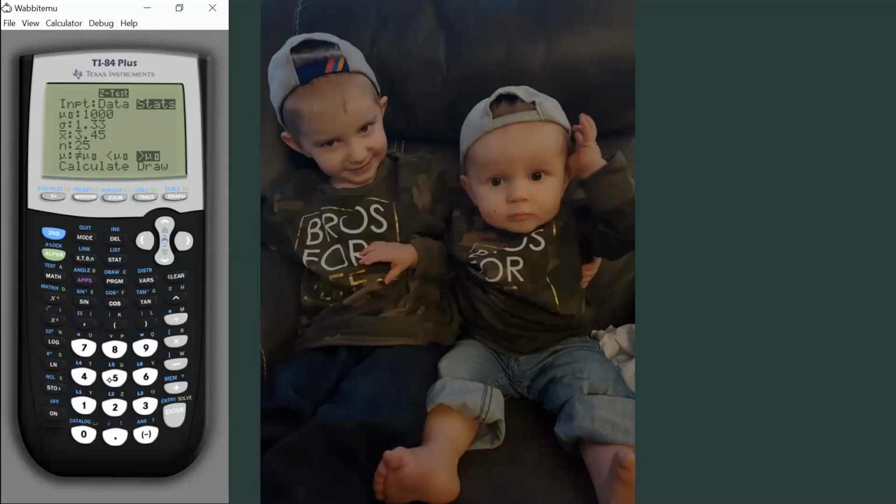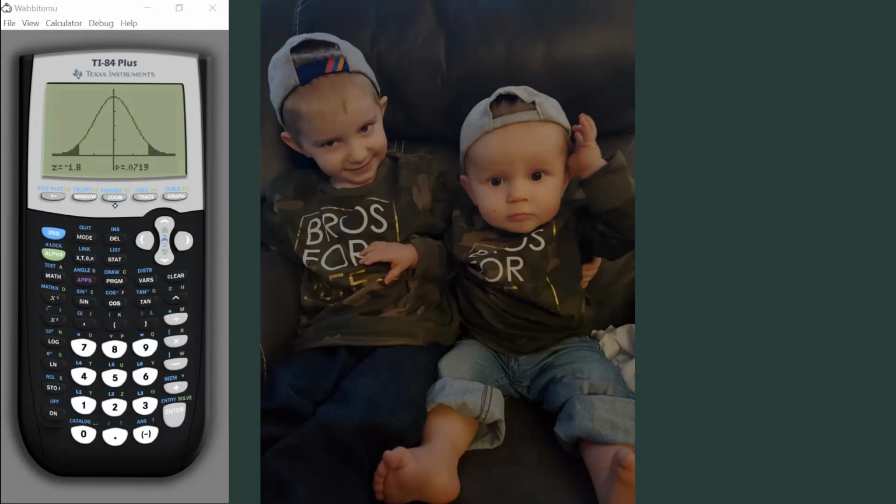Our standard deviation is 50. The sample mean was 982. The size of our sample is 25 again, but now we have a two-sided test. I like to hit draw. Calculate just gives you the number; draw gives you the numbers as well as a nice picture. So there's my two-sided picture, my z-score of negative 1.8, and the p-value 0.0719, exactly what we had.